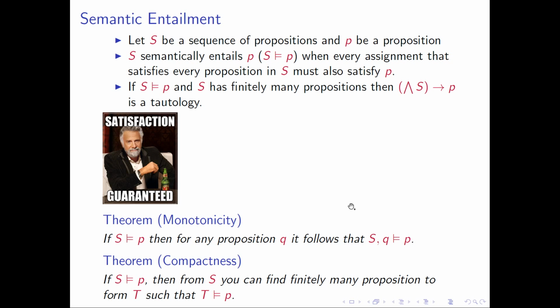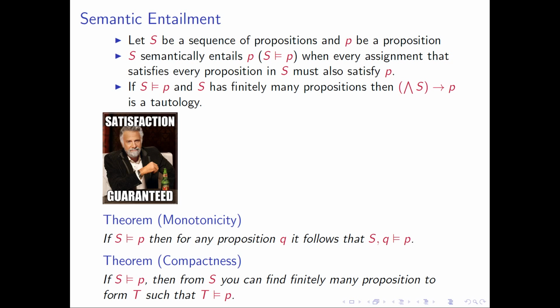The next theorem is compactness, and this really talks about thinking about things in the infinite realm. So if S is an infinite sequence of propositions, just imagine something infinite. Maybe you're not very familiar with how to work with infinity, but it doesn't matter here because compactness is saying that you can actually pick only finitely many.